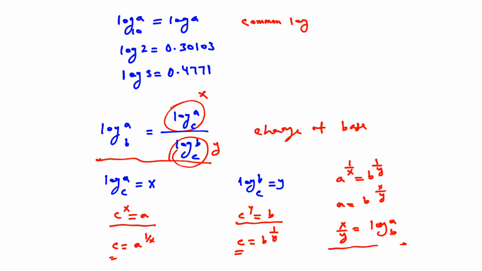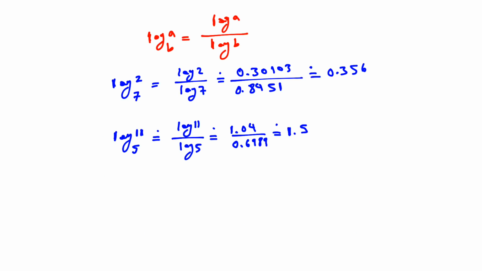Notice that if c to the power of x is a, both sides to the power of 1 over x gives us c equals a to the power of 1 over x. So we know log of a base b equals log of a base c divided by log of b base c. We just proved it.